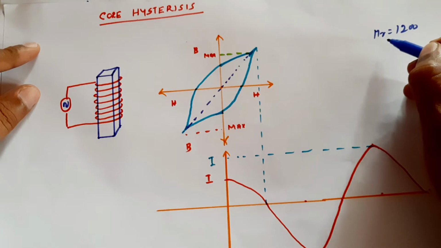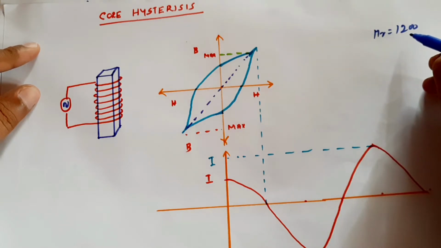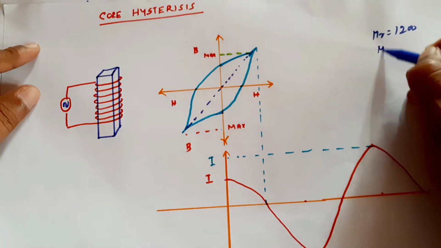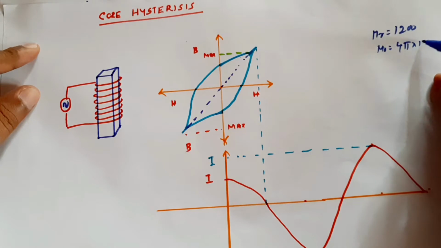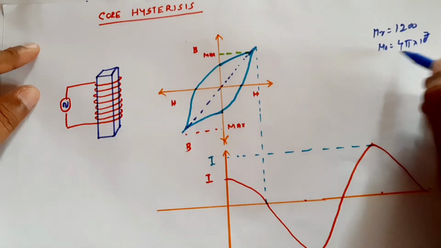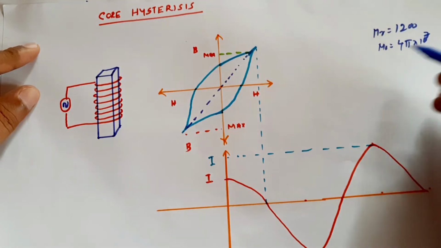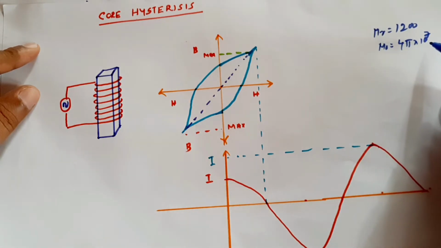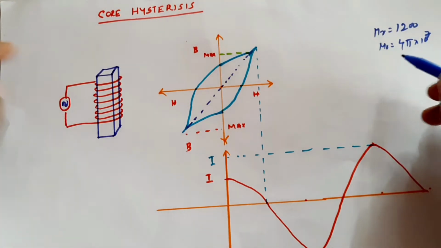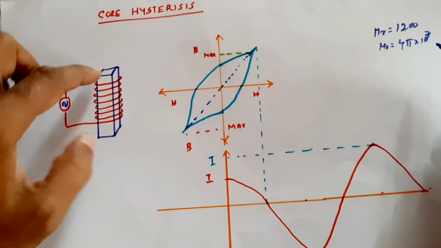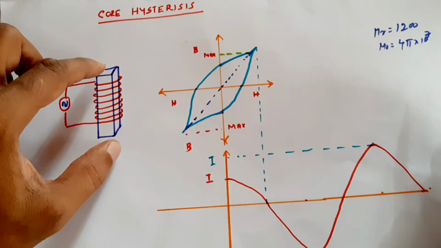That means it is conducting flux 1200 times more than air. Mu 0 is the permeability of the air, 4 pi into 10 raised to minus 7. That means if 1 ampere current flows through this circuit, this much flux will be generated if no core is put inside.